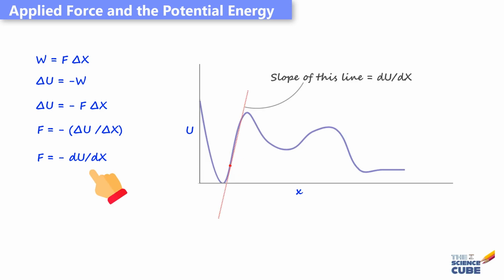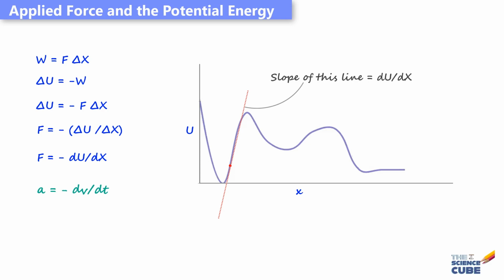And this equation can be simply read as force at any position x is equal to the negative of the rate of change of potential energy of the particle with respect to position. It is quite the way you define acceleration as the rate of change of velocity with respect to time. So you see the analogy.